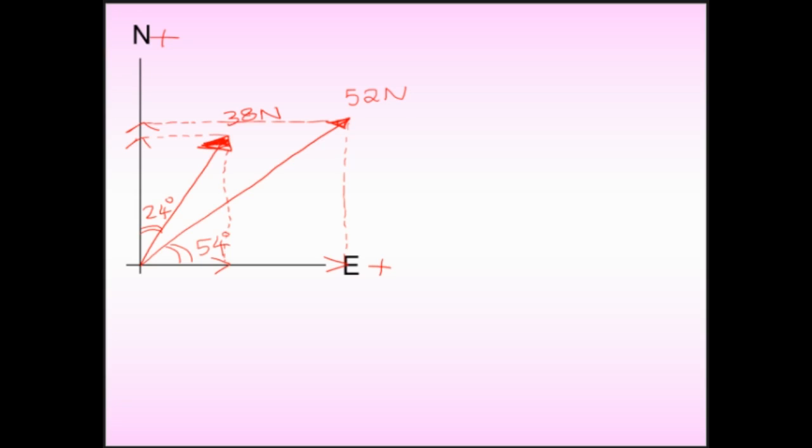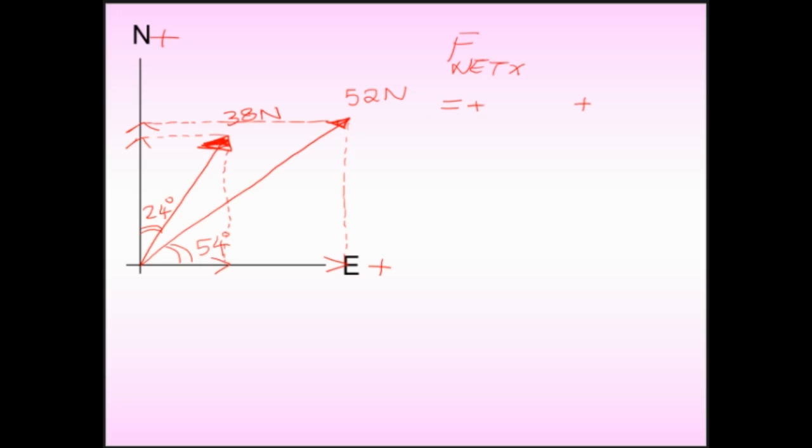First, F net on the x equals. Obviously, both x values are pointing positive. So positive, positive.